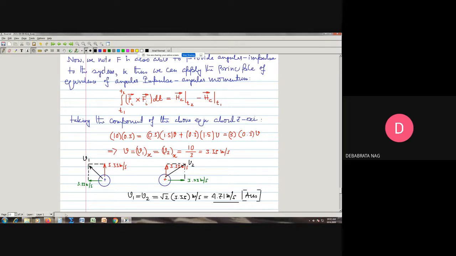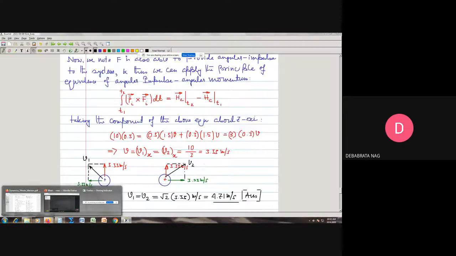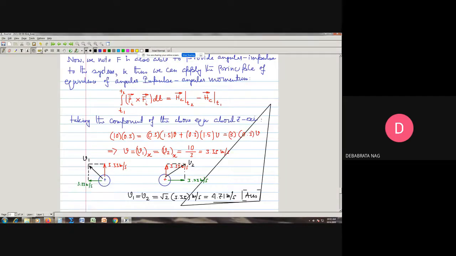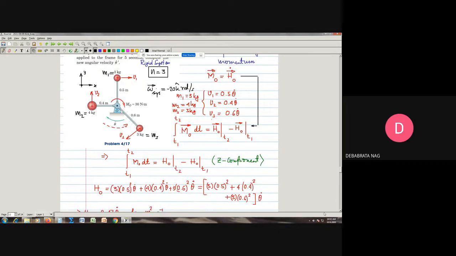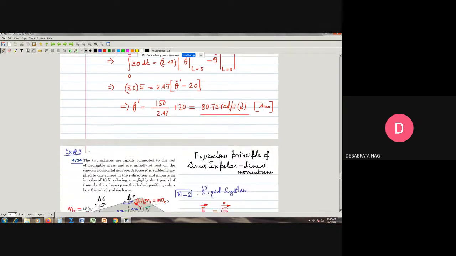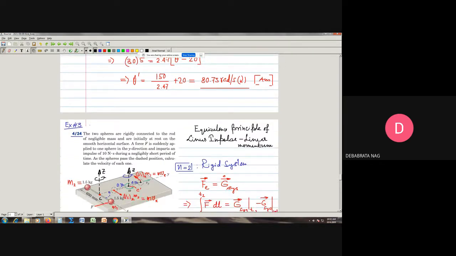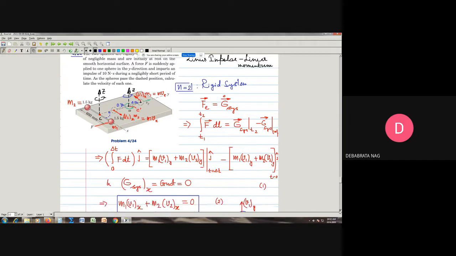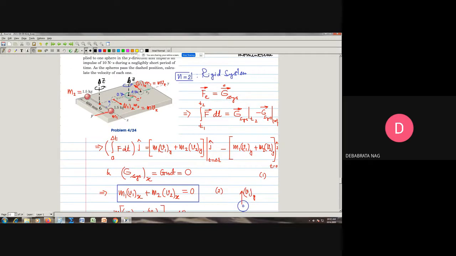So let us first check the answer that is provided to our problem. This problem is a very good problem, a little bit exhaustive than the previous two, a little tough because you have motions in both planes, both directions actually.